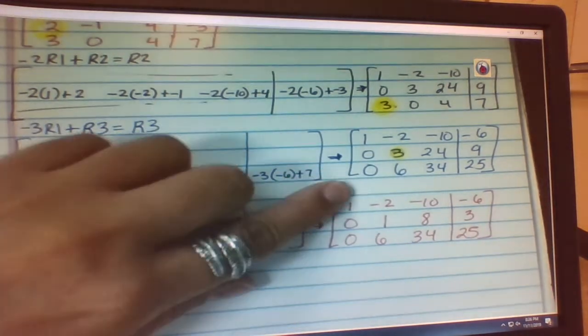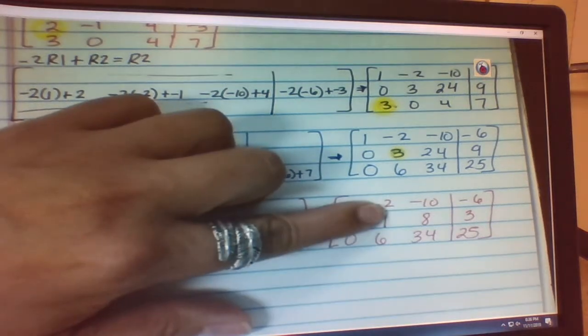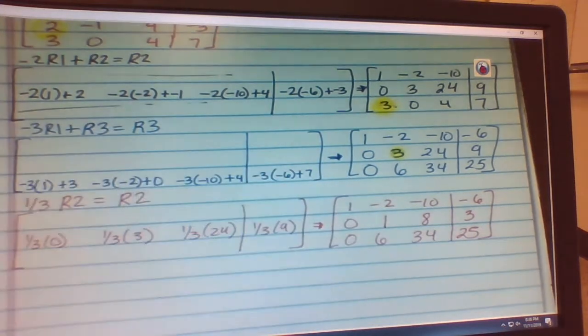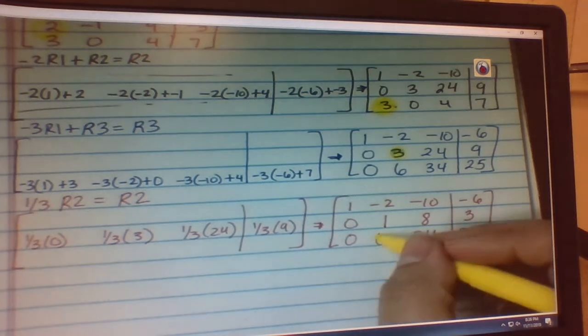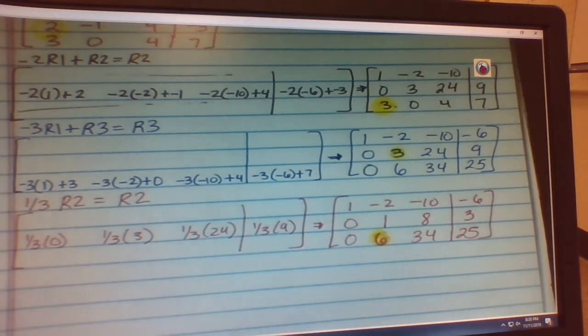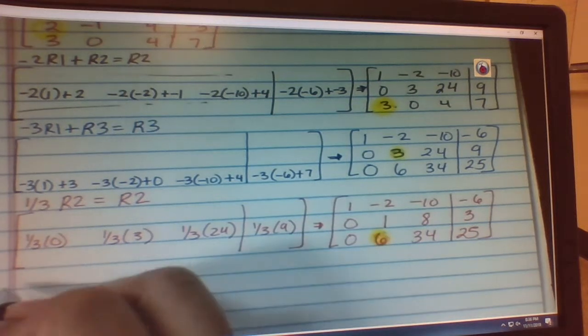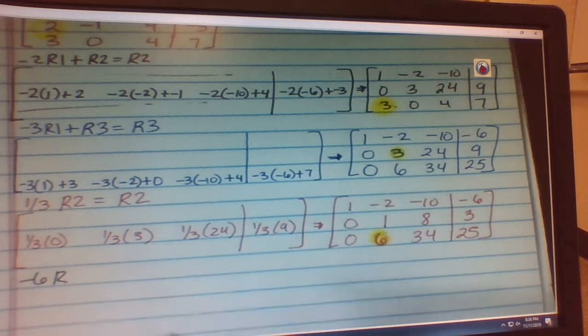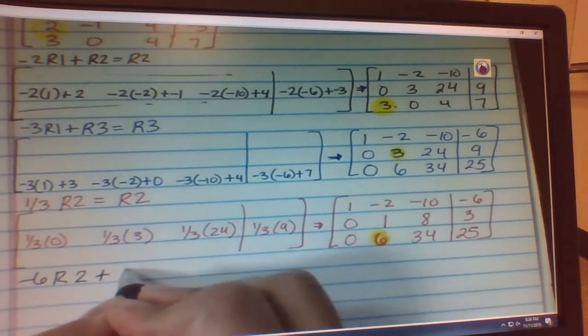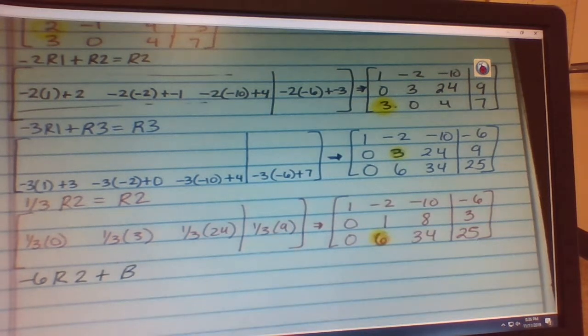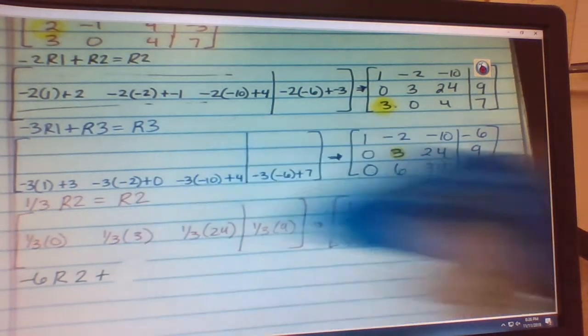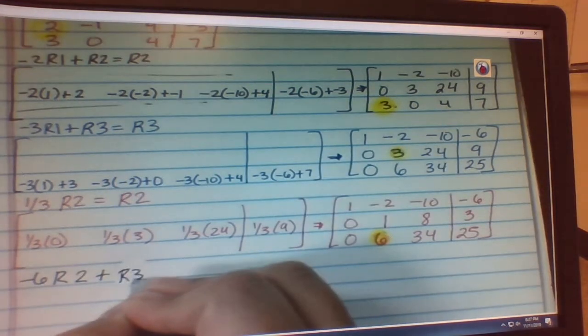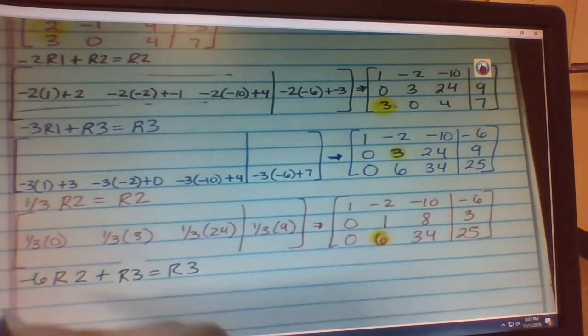Okay, so I got my 1, 0, 0, my 1, but now that 6 needs to be a 0. So to make a 0, multiply and add. Multiply by negative 6: negative 6 times row 2 and add it to row 3. Very good. So the only row that changes is the 3rd, right?